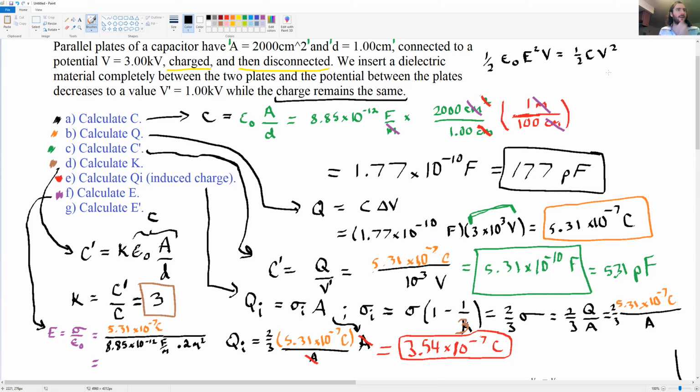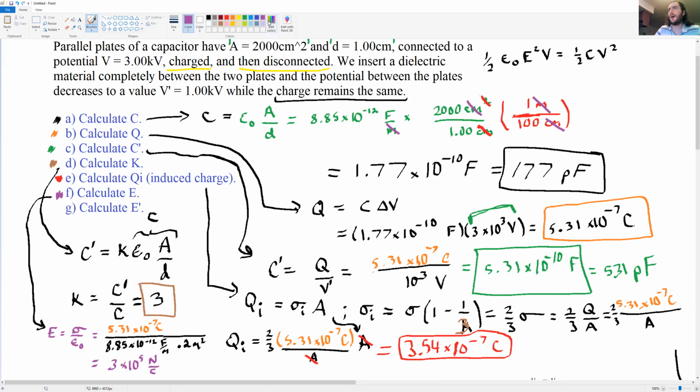And you could probably calculate E from here, and a lot of stuff would just be canceling out and would look pretty nice. But yeah, so I believe that is the correct answer. So 3 times 10 to the 5th newtons per coulomb, or volts per meter, same thing.